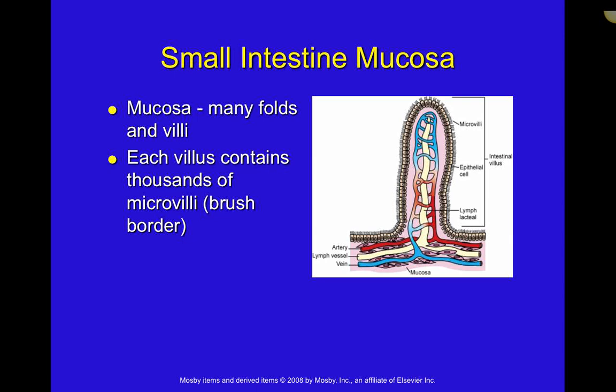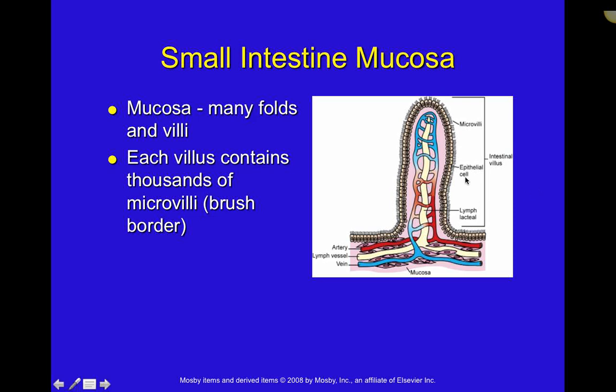Okay, carrying on. Within the mucosa of the small intestine, and the large intestine too, are tons and tons of villi. These little finger-like projections are called villi. And on them they have these tiny little ciliated brush border cells called microvilli. The main goal of the villi, again, is to increase surface area, but also they're responsible for absorption and secretion.